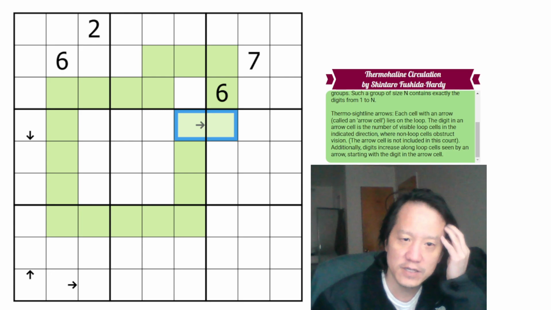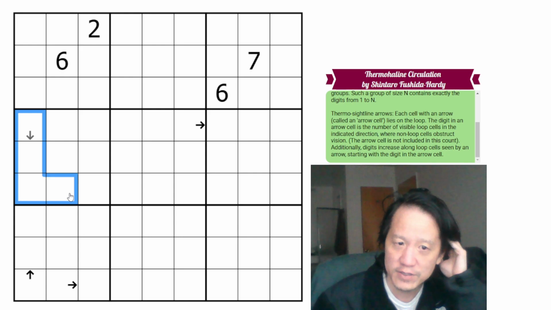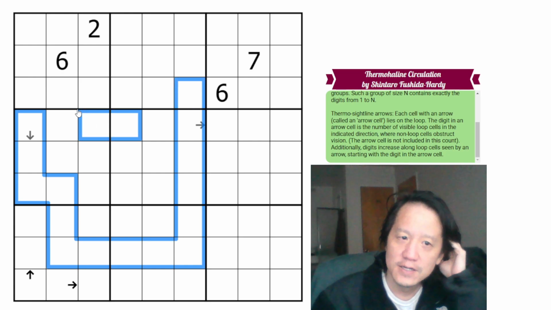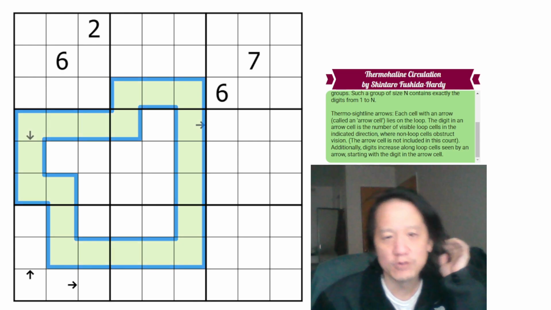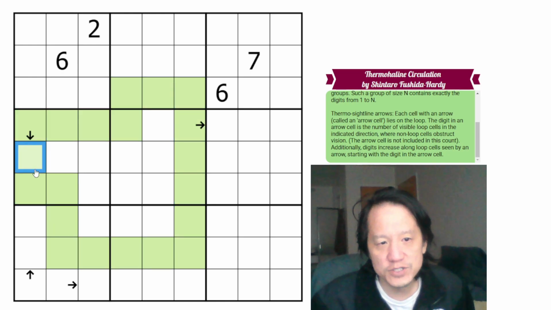But let's actually use a better example. Maybe we have something like this. Ignore that, all the arrow cells have to be on the loop. But say we had this. This would see 2 cells, so therefore this would have to be a 2.